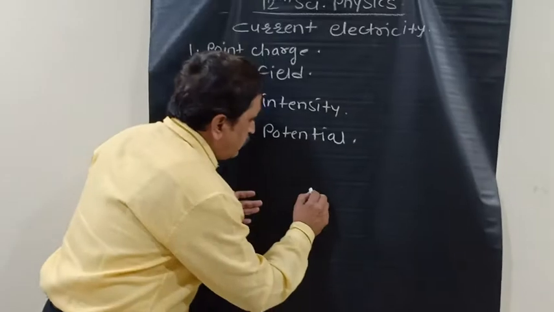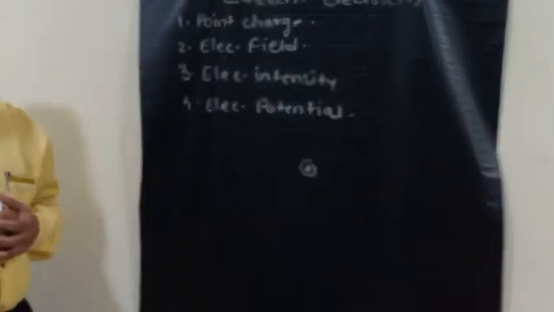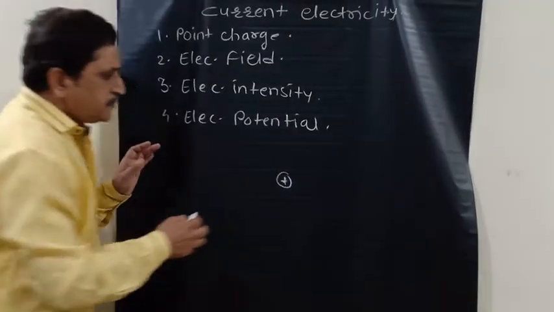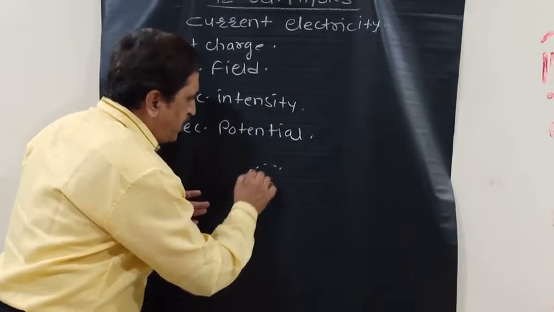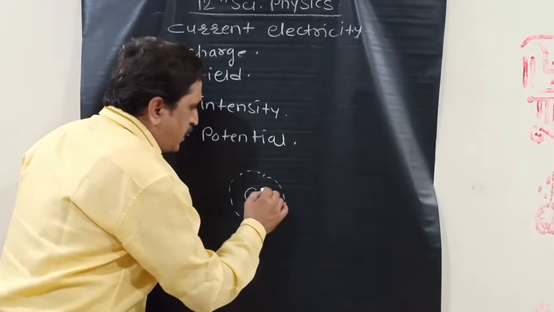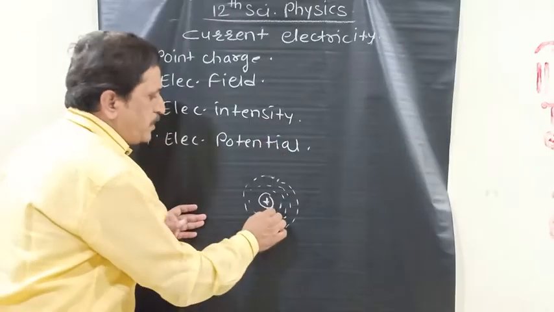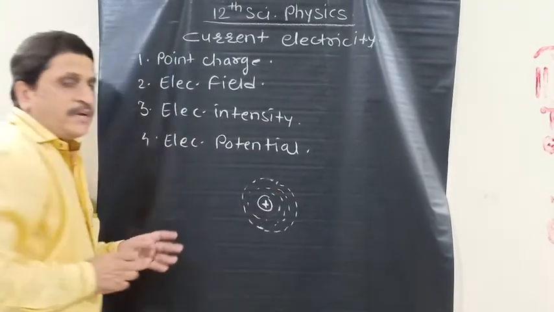Suppose here we have taken one charge. Now this one is the unit positive charge. Now one specific field around this charge in which another identical test charge experiences a force of repulsion or a force of attraction. What does it mean?